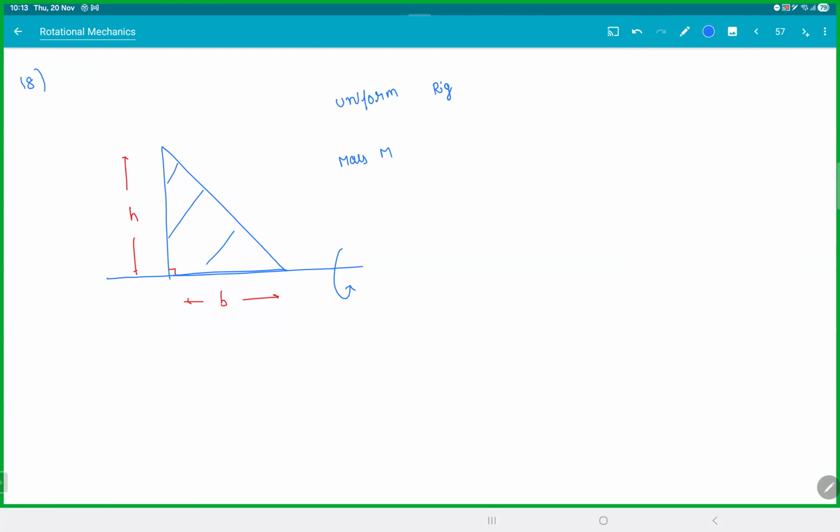Uniform right angled triangular plate. Are you able to visualize the picture?